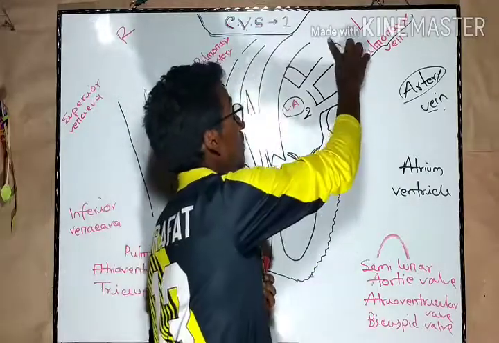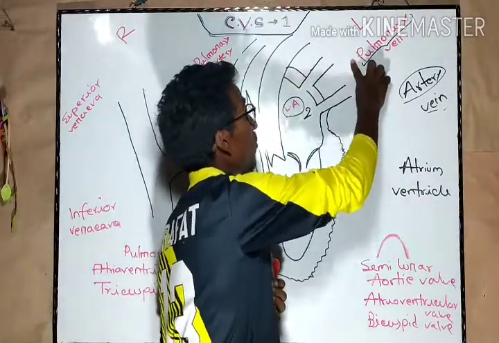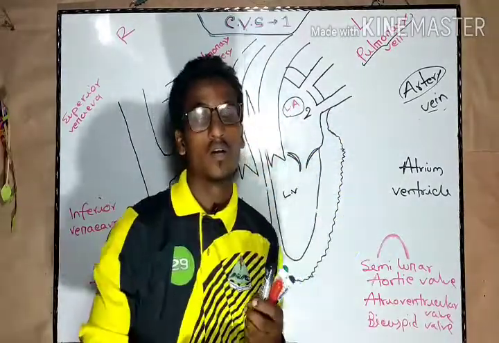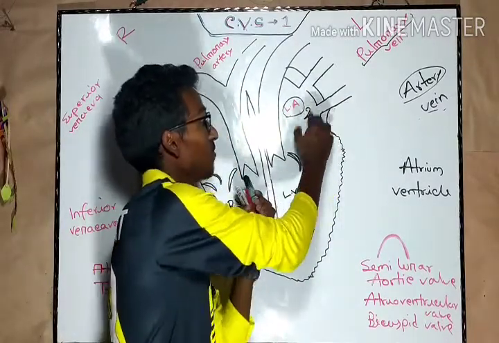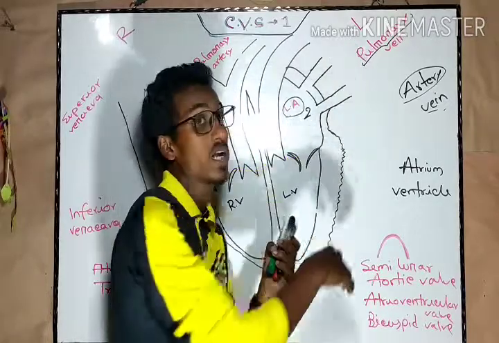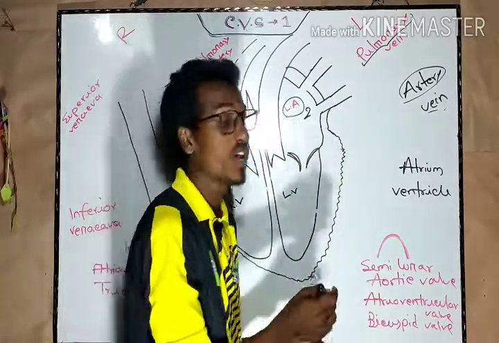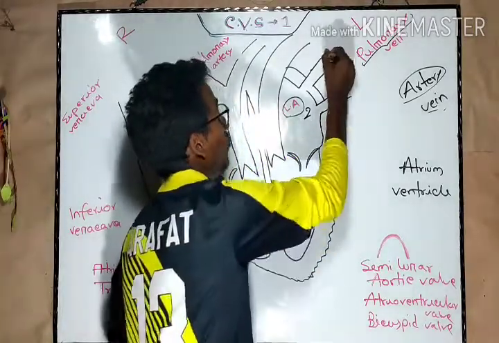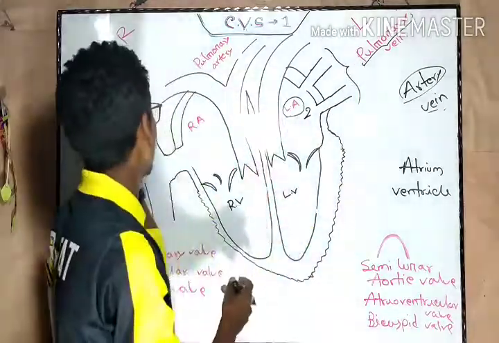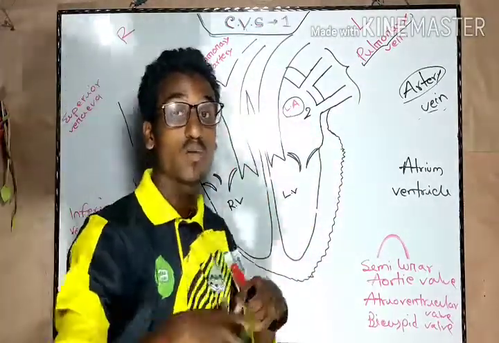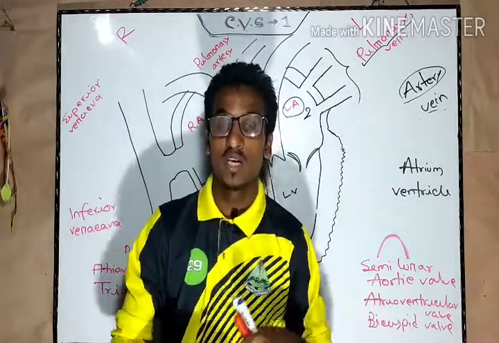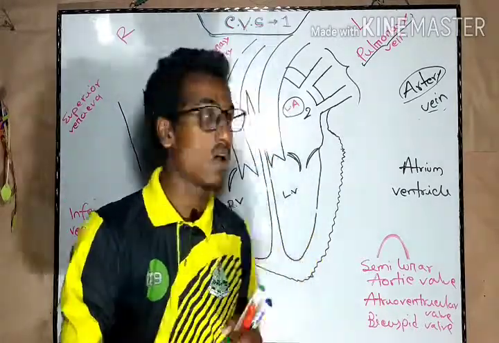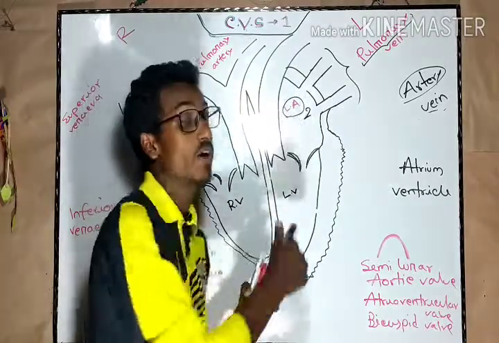This is the pulmonary vein, which carries the blood from the lungs to the heart. In case of the left-sided lung, there are two pulmonary veins, and in case of the right-sided lung, there are also two pulmonary veins. These four pulmonary veins carry oxygenated blood to the left atrium.